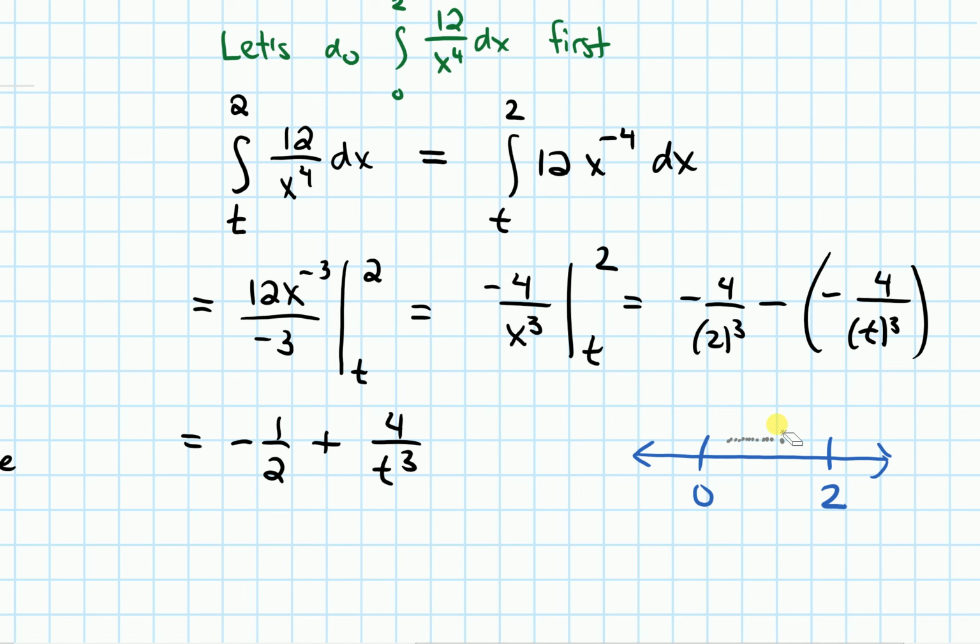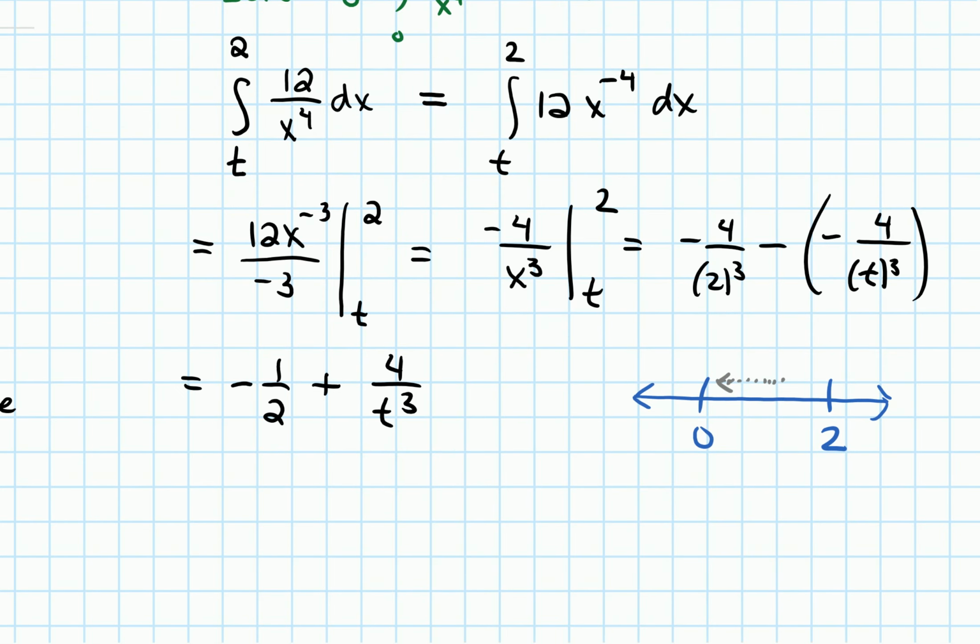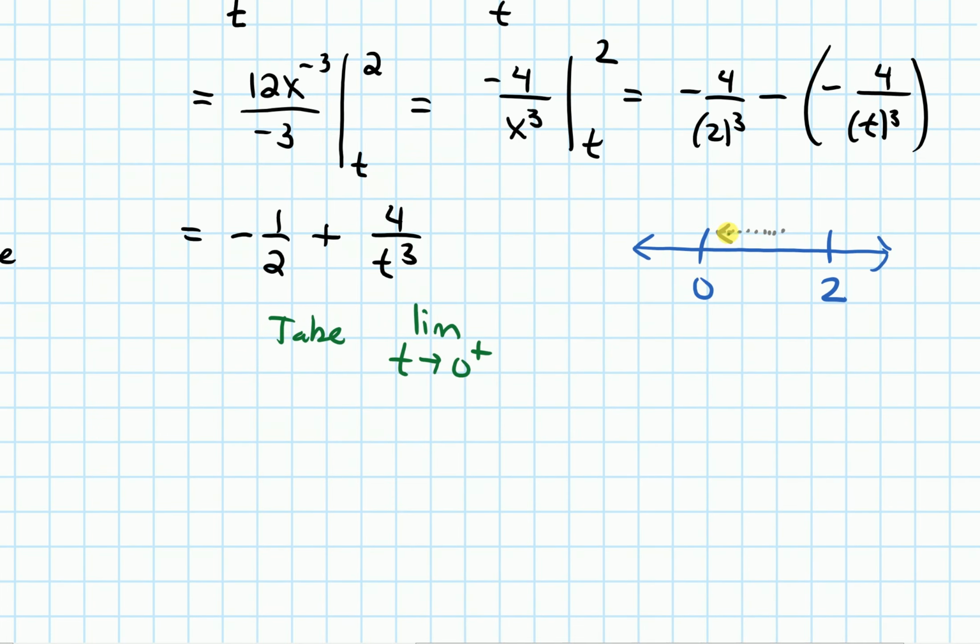So we take the limit as t approaches 0 from the right, because we're getting close to 0 from within the interval, which means it has to happen from the right-hand side. We take the limit as t approaches 0 from the right of -1/2 plus 4 over t cubed.